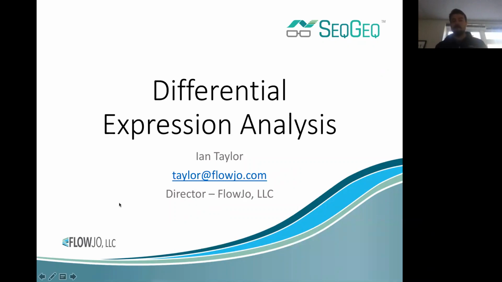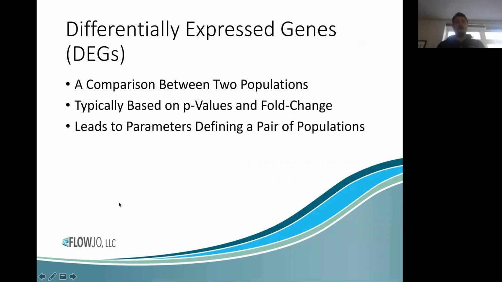What is differential expression analysis? Well, to put it very simply, it is a comparison between two populations with regard to the parameters, also called features, that are distinguishing those two populations. We typically perform this comparison based on two statistical values, p-value and fold change.